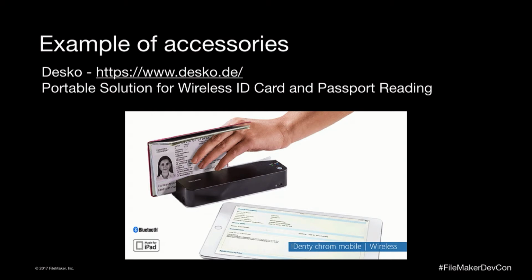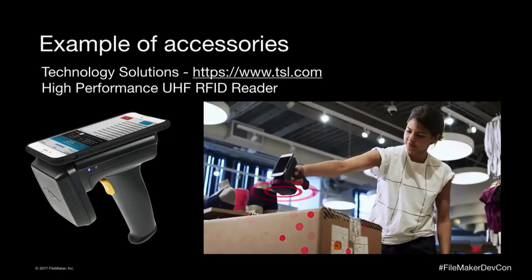This is a German company, Desco, that allows scanning wireless ID cards and passports and reading passports. It has an iOS SDK, so actually I have had a little play with it. I never touched the hardware device, but I worked with the SDK, and it can be done. Connection can be made to FileMaker. Later I will show you how.